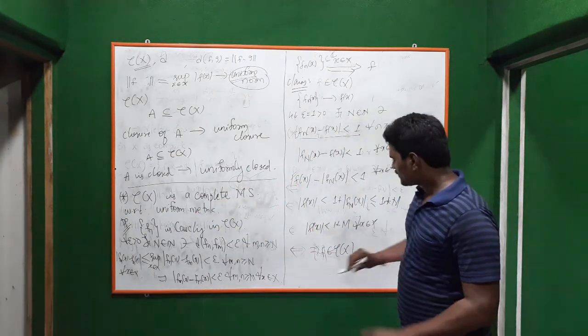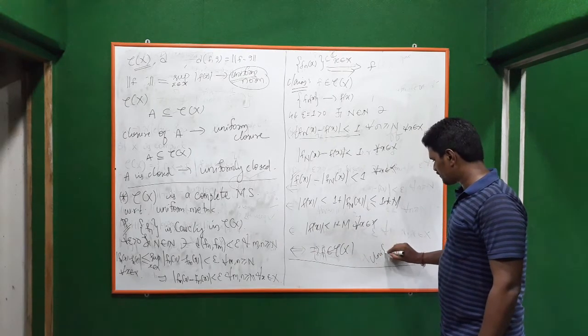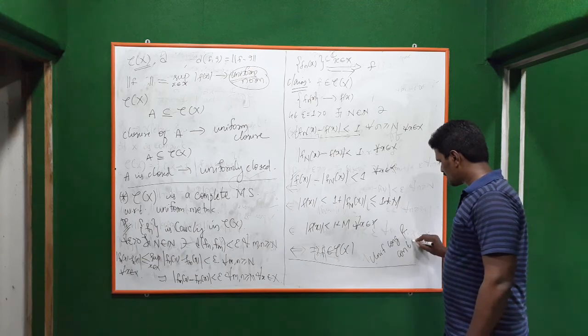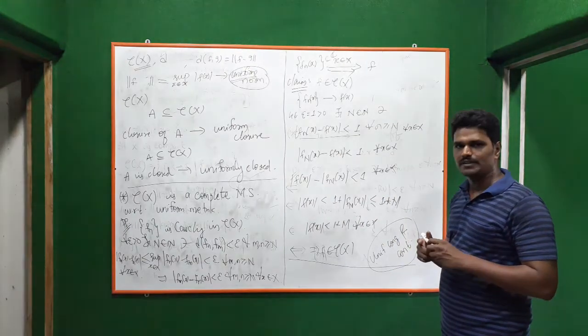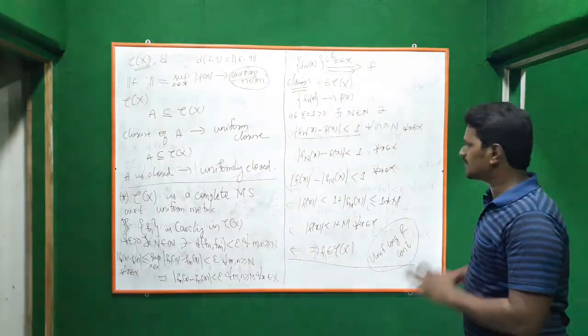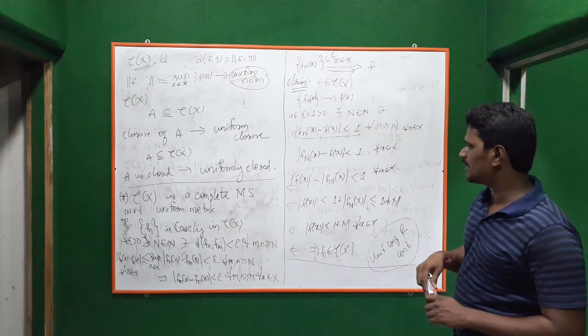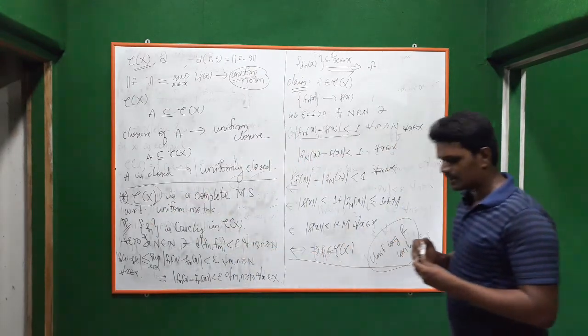Okay. So this is all about uniform convergence and continuity. Only this part is there. The first part is we have proved the necessary and sufficient condition for uniform convergence by the use of continuity. And next we have spoken about this C of x, the class of continuous functions.